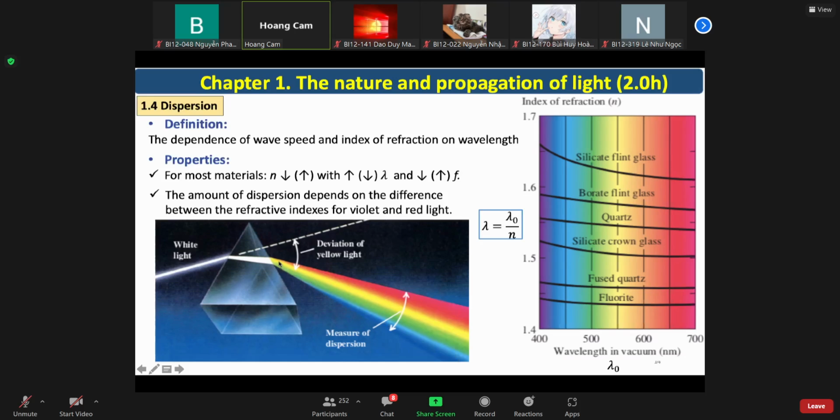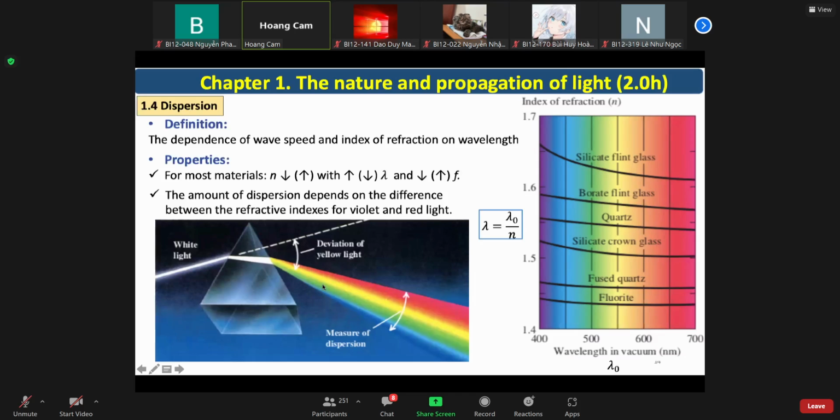So for example, if we consider the yellow light here, the change of direction of this light ray compared with the initial incident light right here is the so-called deviation of the yellow light. And here will be the deviation of the red light.